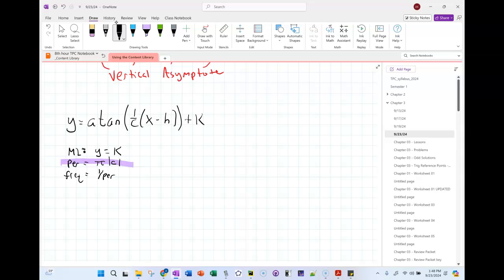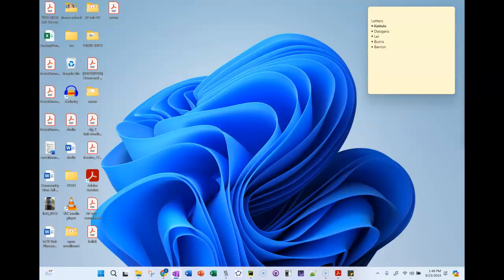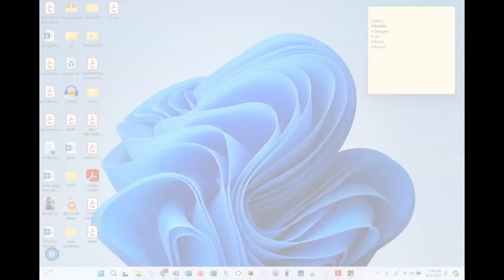Okay. All right, let's do some examples of going from graph to equation. Sound good? So we're going from graph to equation.